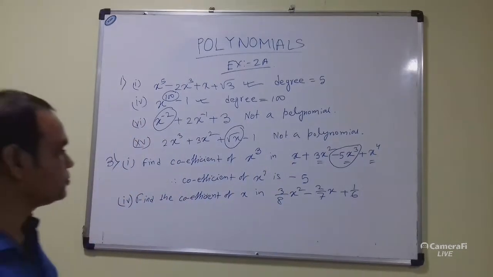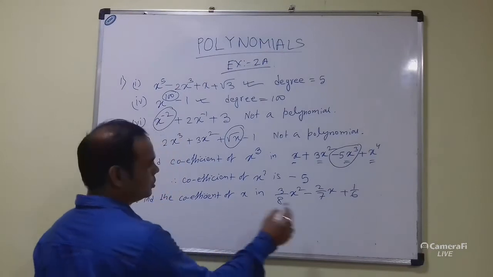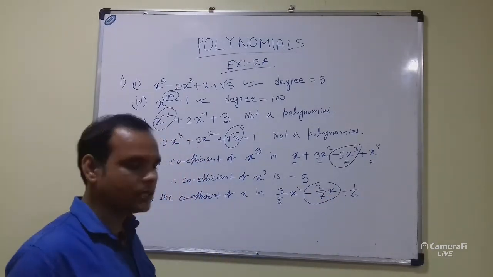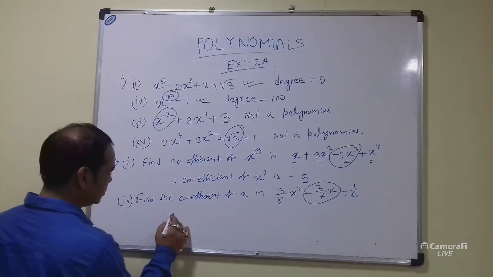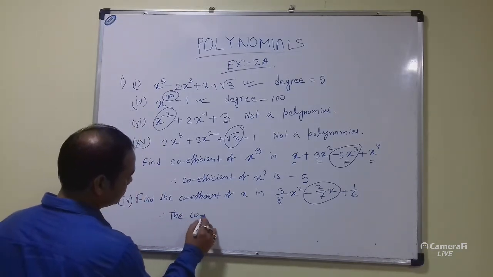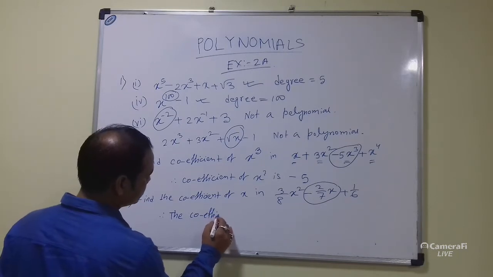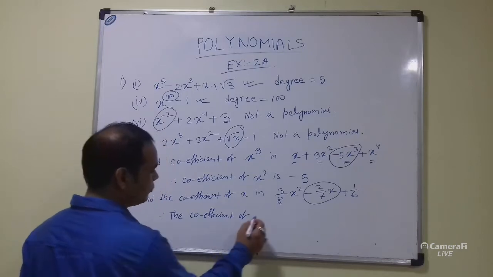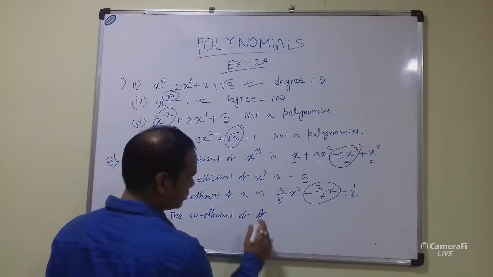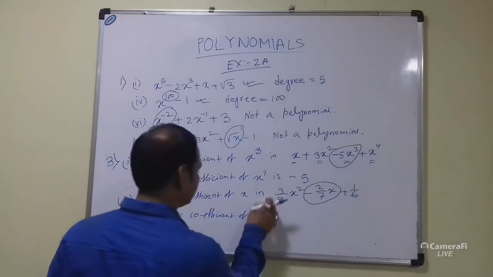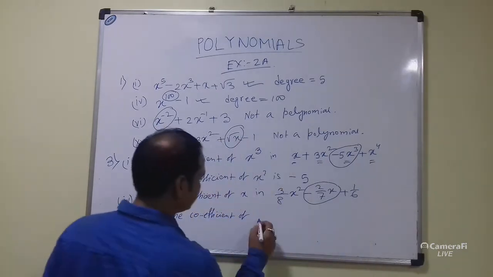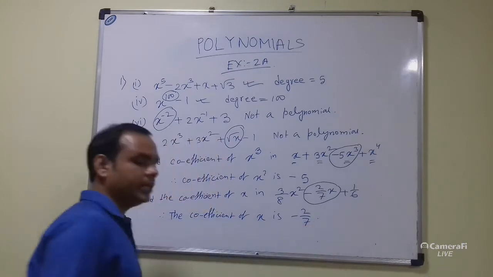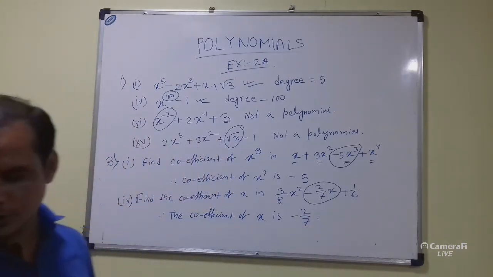So here students, the term related to x is minus 2 by 7 x. Therefore the coefficient of x is minus 2 by 7. I hope you understood.